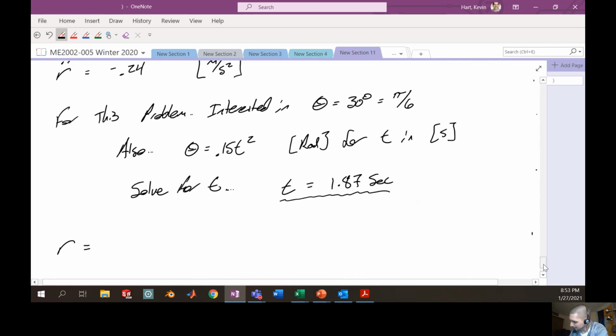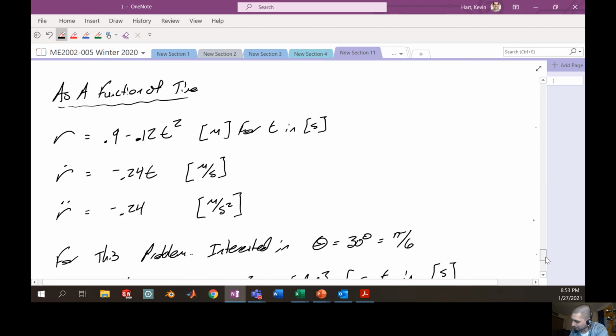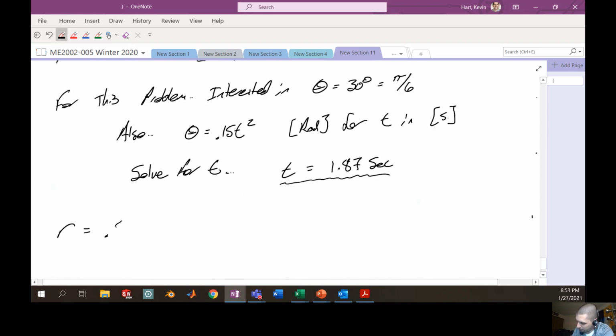So our position r, given this time of 1.87 seconds, I can just plug in here. My position r is 0.9 minus 0.12 times my time squared, which is 1.87 seconds squared. This will leave me with my position at the snapshot of time that I'm interested in, where theta is 30 degrees. Here it is going to be 0.48 meters.